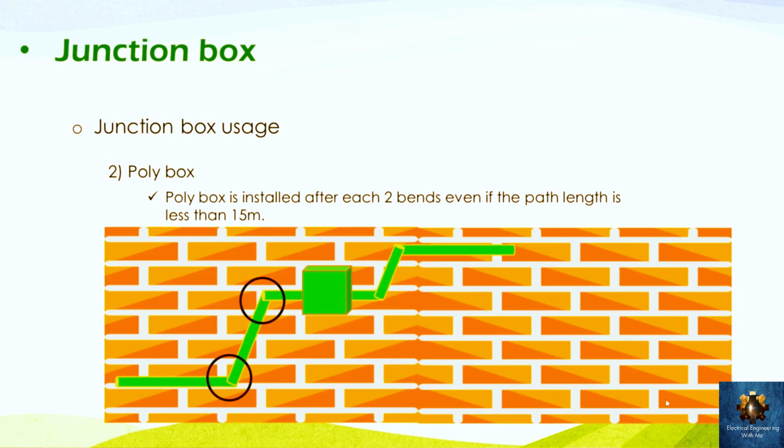In that case, we install the pull box after each 2 bends of the conduit. Hence, we can conclude that the pull box can be used as an inspection point for the wires, or as a support point for the wires to be easily installed or pulled through the conduit.